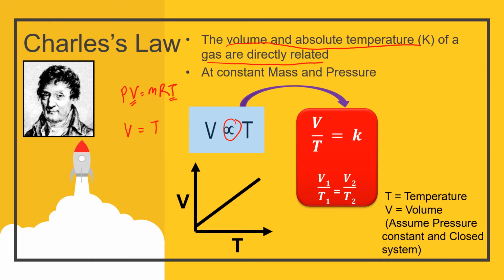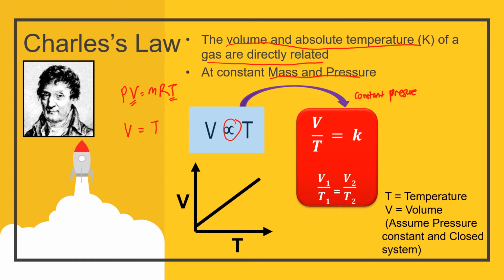Okay. So here it cannot be constant temperature, right? Because the relationship itself is temperature. So if the case is at a constant pressure, it says constant pressure and mass.